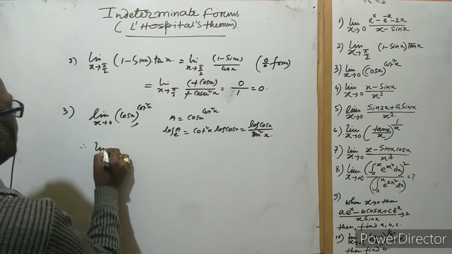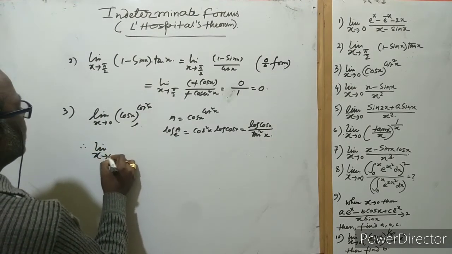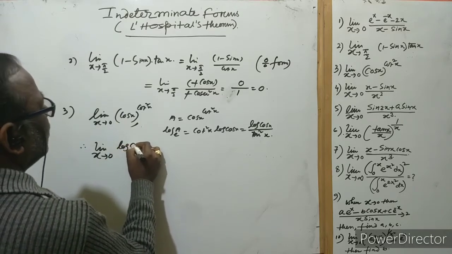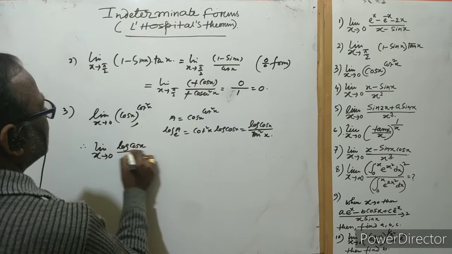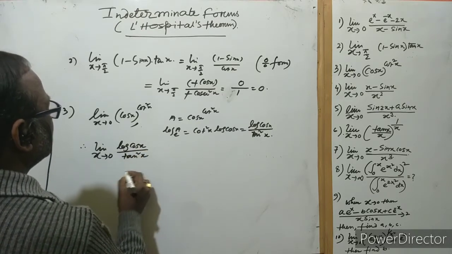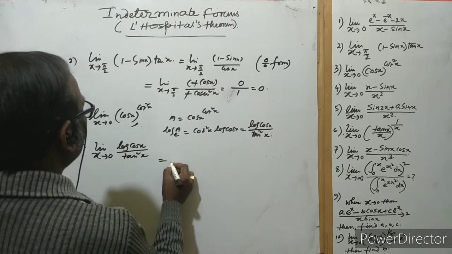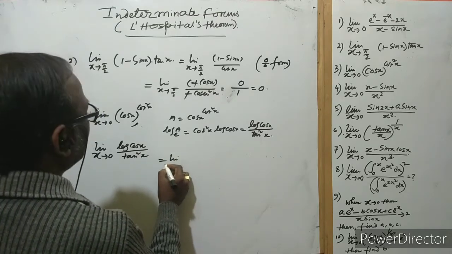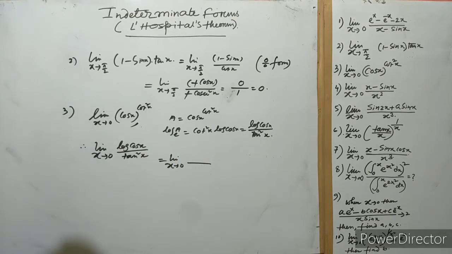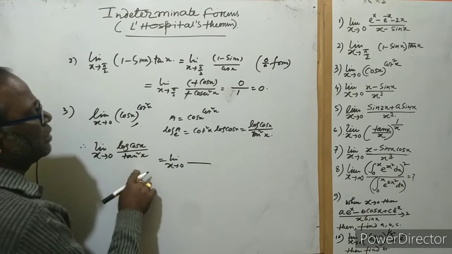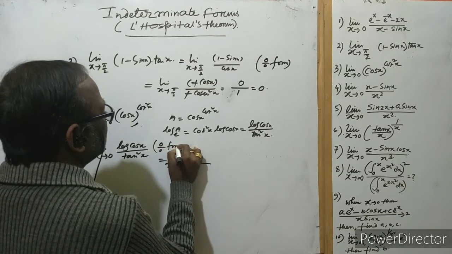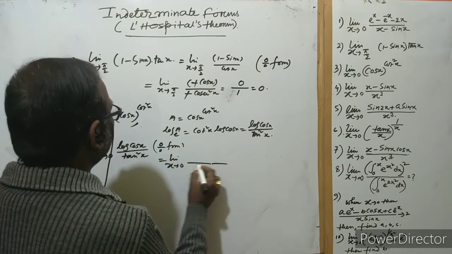Therefore limit x tends to 0 of log cos x by tan square x. If we put 0, then log 1 is 0 and tan 0 is 0, so this is 0 by 0 form. So apply L'Hospital's rule.